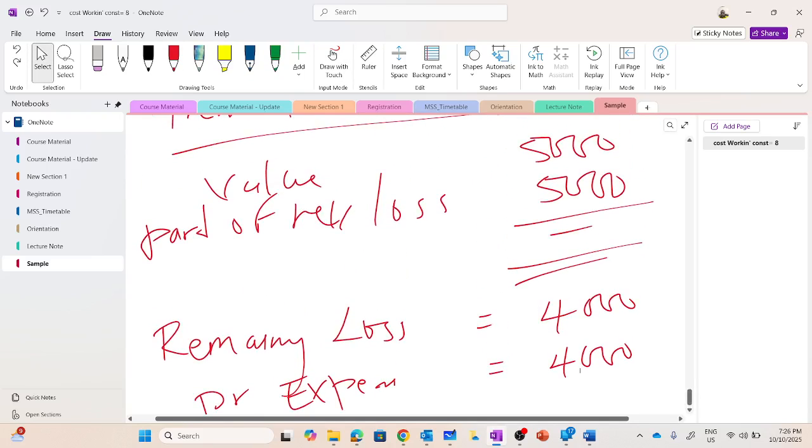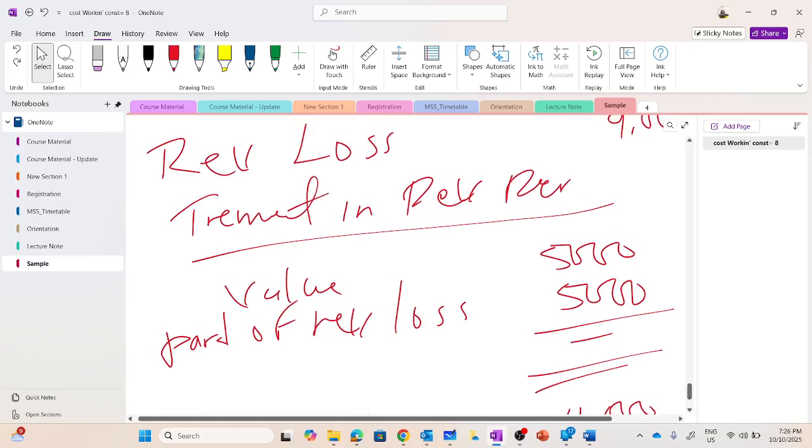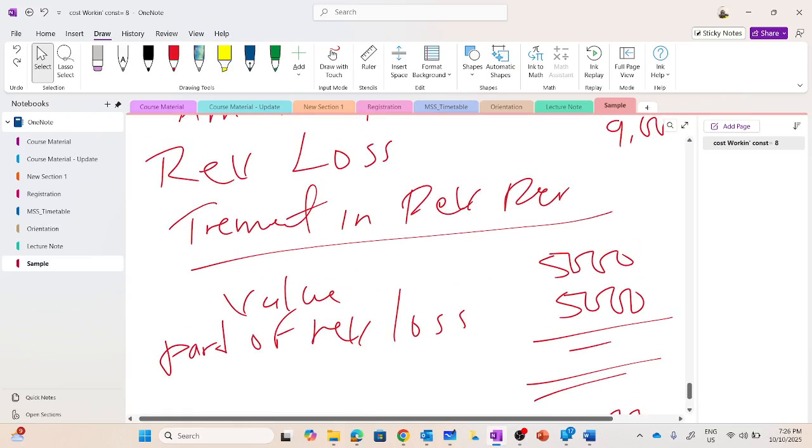You need to know how to account for the revaluation loss when there is an existing value in the revaluation reserve. If the loss is less than the revaluation reserve, it's fine. We offset all the loss against the revaluation reserve. But if the loss is more than the value in the revaluation reserve, then we offset the total within the revaluation reserve, and any remaining amount should be expensed. Simple. This is what you need to know.